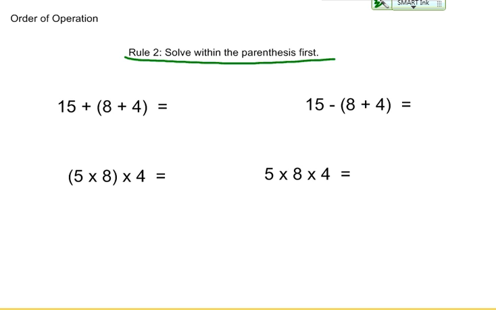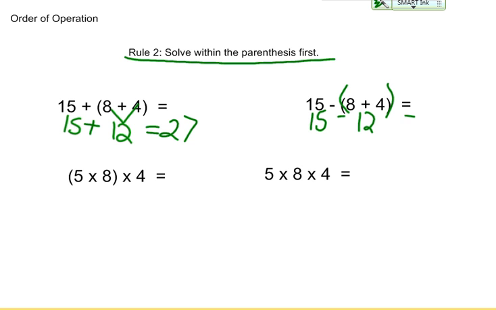Okay. So if we're going to go within the parentheses first, here, 8 plus 4 is going to give us an answer of 12. 15 plus 12 will give us an answer of 27. Right. Going over here, we're not going to subtract first, because the parentheses are here. So 8 plus 4 is going to give us 12. 15 minus 12 is going to give us an answer of 3.